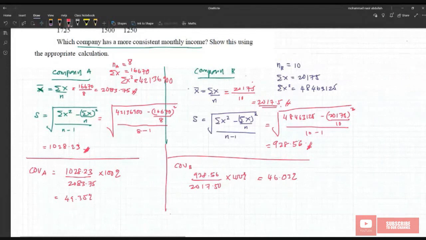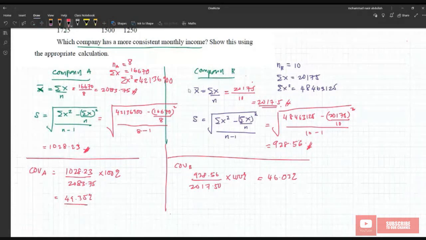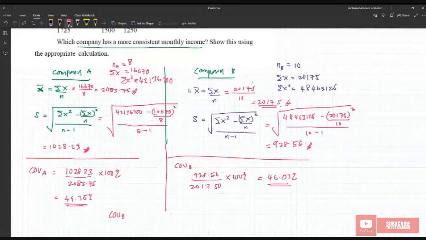So once you got the values of the coefficient of variation, we know that the coefficient of variation for company A is 49% and for company B is 46%.